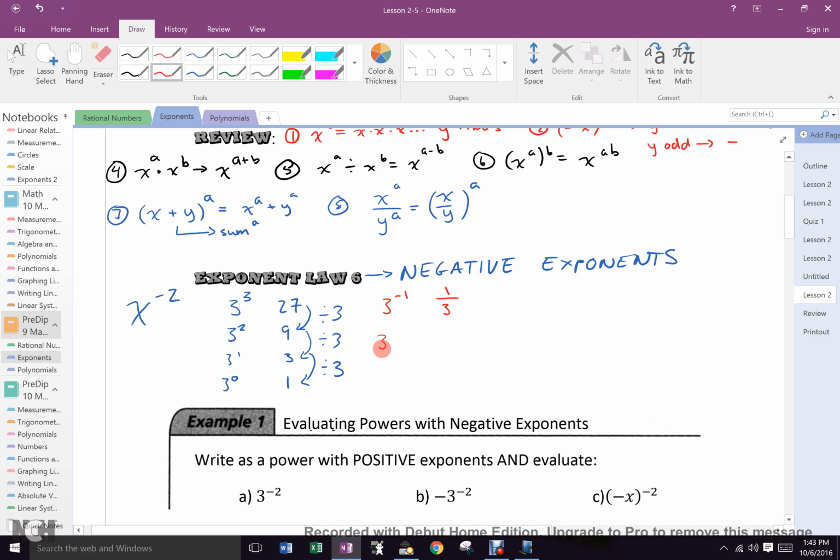Now, what would 3 to the negative 2 be? 1/3 divided by 3, right? Which becomes 1/3 times, what's the reciprocal here? 1/3. What's 1/3 times 1/3? 1/9. Are you seeing a pattern? What is 3 to the negative 3 going to be?